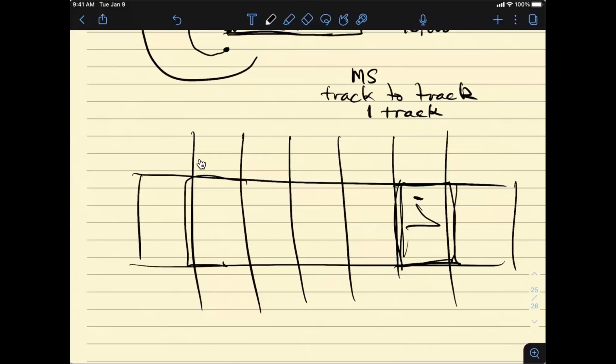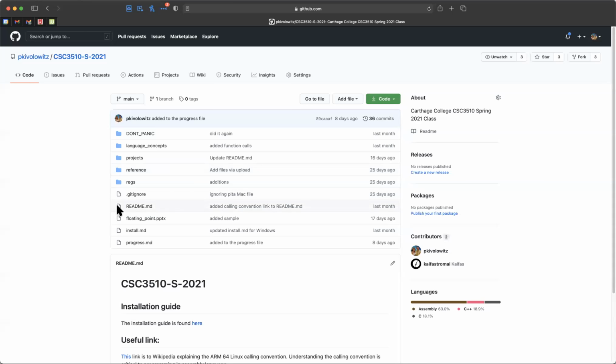All right. The floating point PowerPoint is already on GitHub. So I'll show you where it is. It is here. Okay, does that do it for you, Thomas? That it does. Thank you.